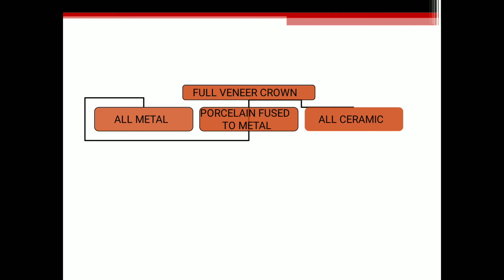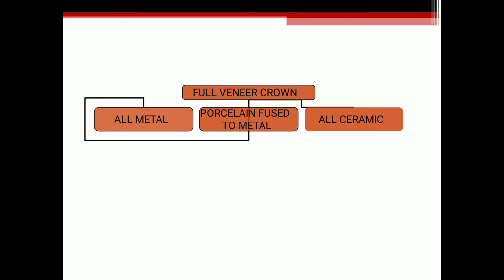These tooth preparations are generally classified based on the process you give. For example, when you are planning a complete metal crown, you are giving a metal crown. When you are giving a metal coping and porcelain on that, that is porcelain fused to metal, and the preparation differs.